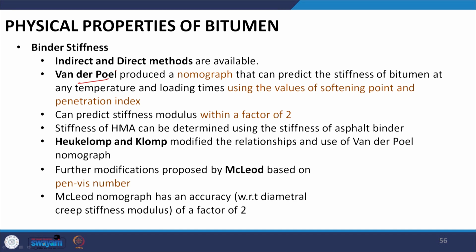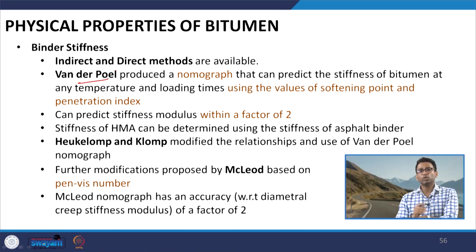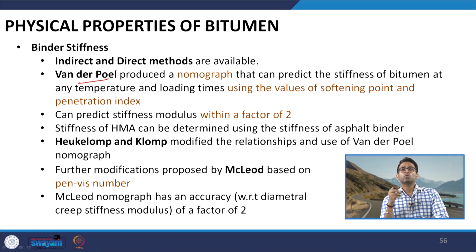Now, one of the most popularly used indirect methods is the nomograph proposed by van der Poel. Van der Poel proposed a nomograph which can be used to predict the stiffness of the bitumen at any temperature and loading time using the values of only the softening point and penetration index.